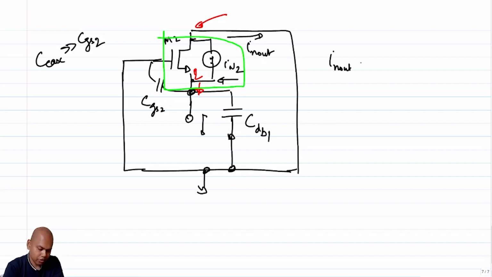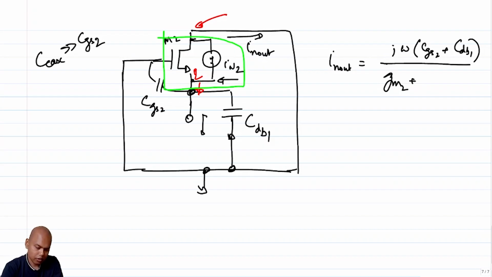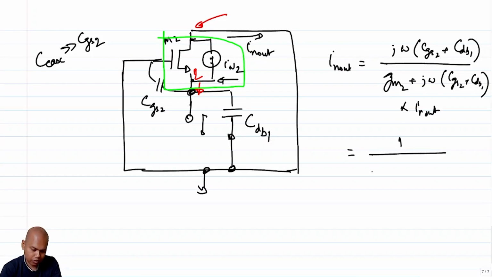So your IN out is nothing but the ratio of the conductances, that is j omega (CGS2 plus CDB1) divided by GM2, because looking up, the impedance to the source is GM2, plus j omega (CGS2 plus CDB1), times IN2. Correct? Okay. If I write it in a neater form, this becomes 1 plus GM2 by j omega (CGS2 plus CDB1), times IN out.